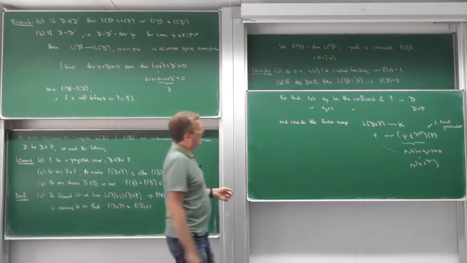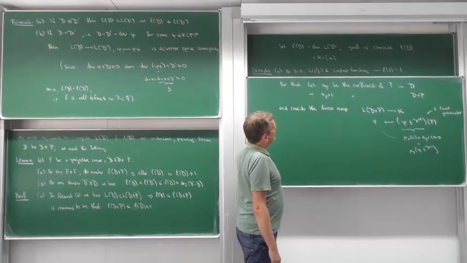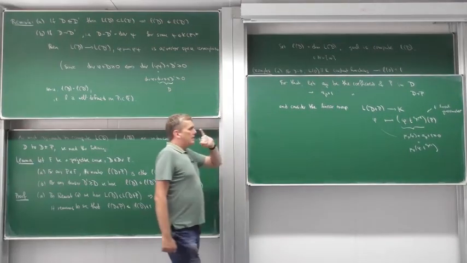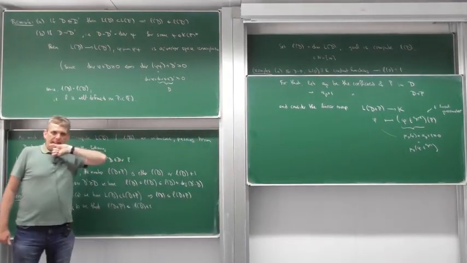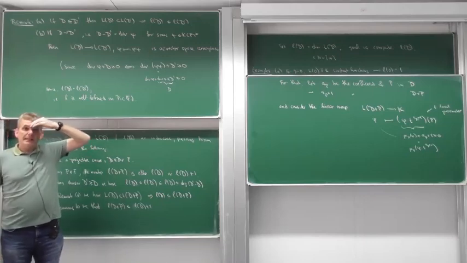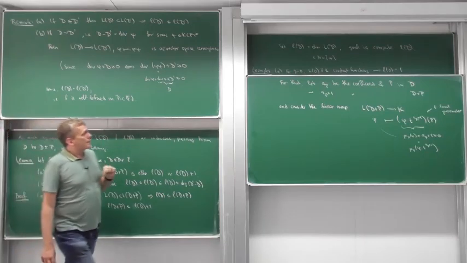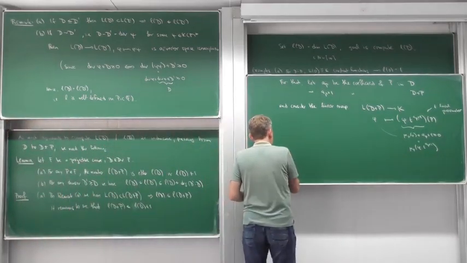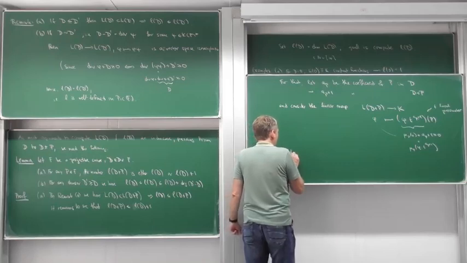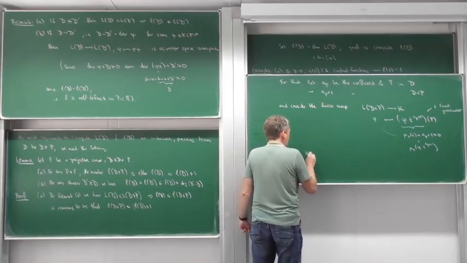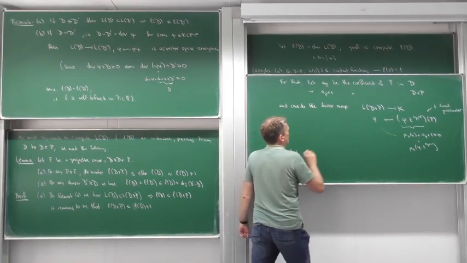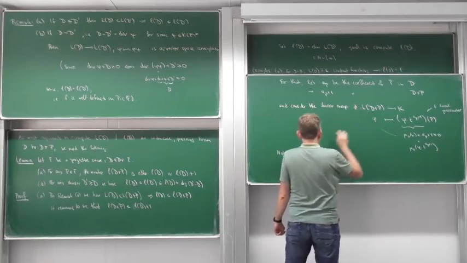Yeah, so that is the map. And the point is now that the kernel of this map is exactly this L of D. Note that the kernel of this map doesn't have a name yet, so it will be named, say, capital phi.